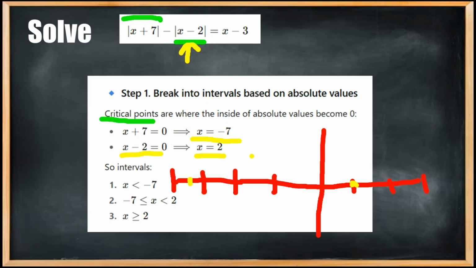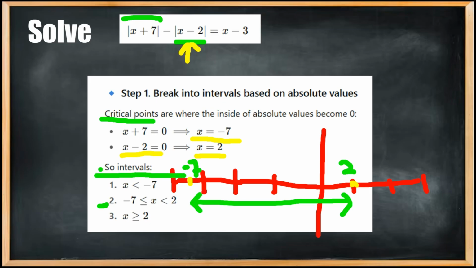So we have three intervals. Let me write it first. This point is negative 7. This point is positive 2. So what are the three intervals? One interval is from here to here, between minus 7 and 2. Another interval is going this side, where x is less than negative 7.